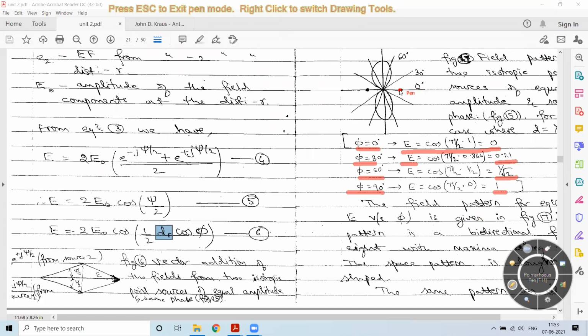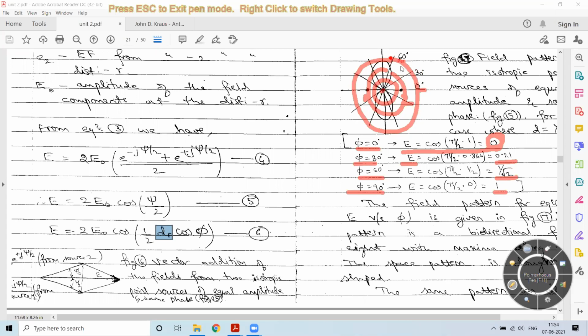If I keep on plotting, these are the two sources, the first source and the second source. With respect to phi equal to 0, what is the field? I have no field value at this point. So when the angle is 0, I don't have any field. But when the angle is 30 degrees, I have a value of 0.2. Yesterday we saw a polar plot, right? You have a circle representation, if you remember.